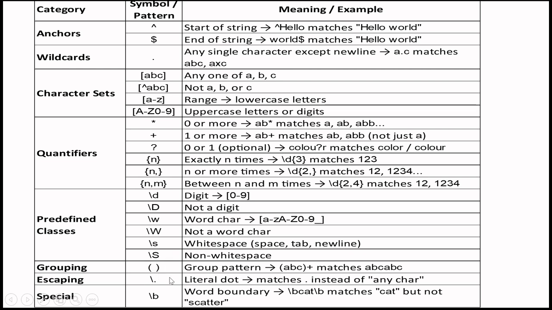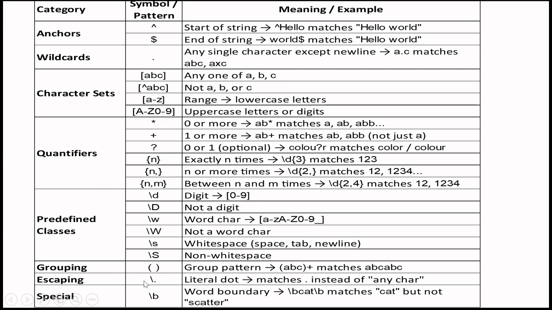And then we have certain other patterns and symbols which are shown here. If the dot itself happens to be a part of a given string, let's say in an email address we want to look for a .com, we do not want the dot to be treated as any character, so we want the dot itself to be part of the string.